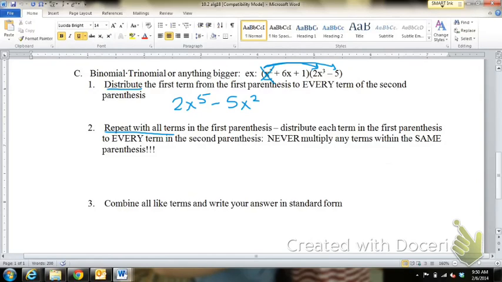I'm going to repeat this with everybody in the first term, in the first parentheses. So now I'm going to take the 6x. Okay, so now I'm going to do 6x times 2x to the third, and that's plus 12x to the fourth. And 6x times negative 5 is negative 30x. Okay, I'm going to write this down here.